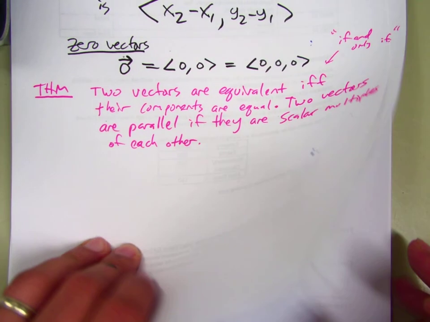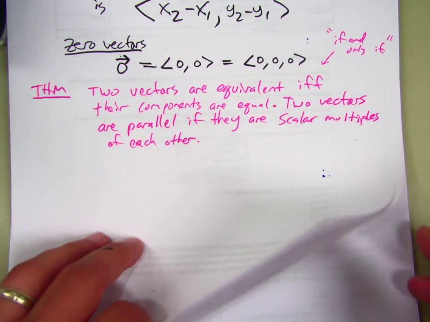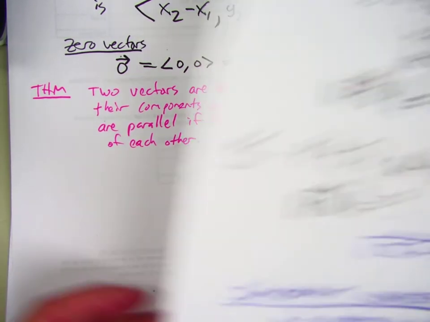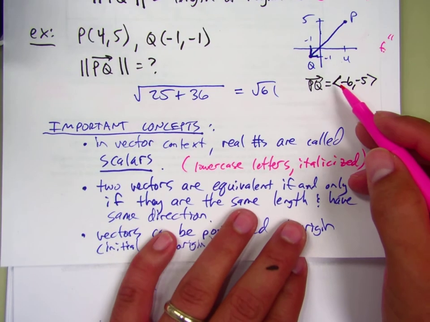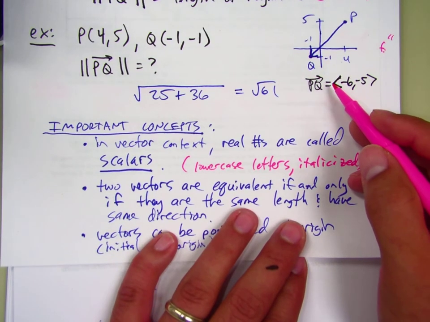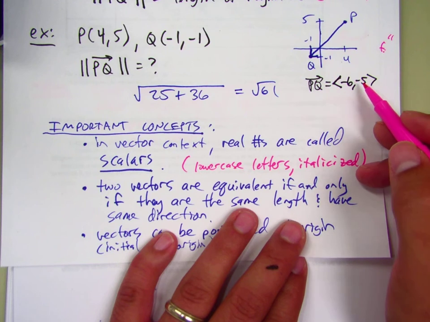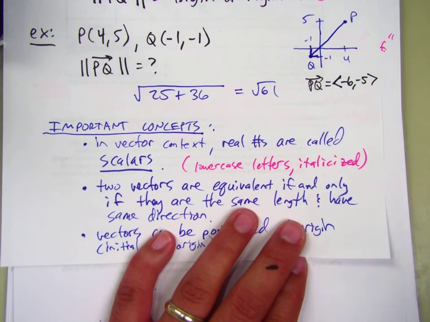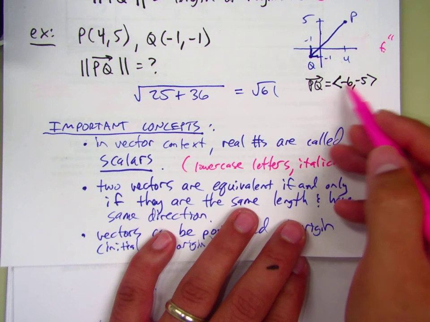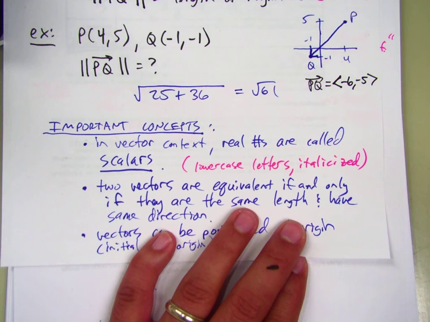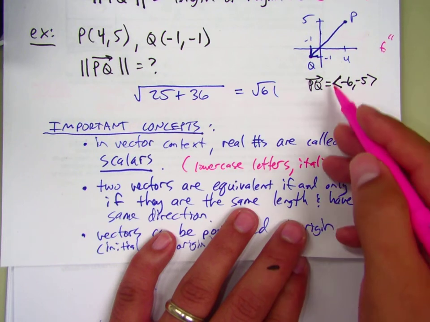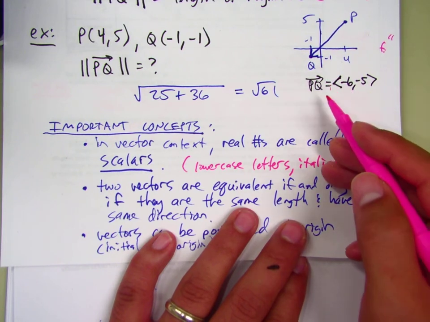Okay, so going back to this one, since I have it already on paper, if I throw a 2 in front of this vector, all that does is double the component lengths, but the vector is still pointing the same direction, we say those are parallel. Okay? I could even have another vector that's identical to this. Let's call it ST. That's another parallel vector because we would just say it's got a scalar coefficient of 1.